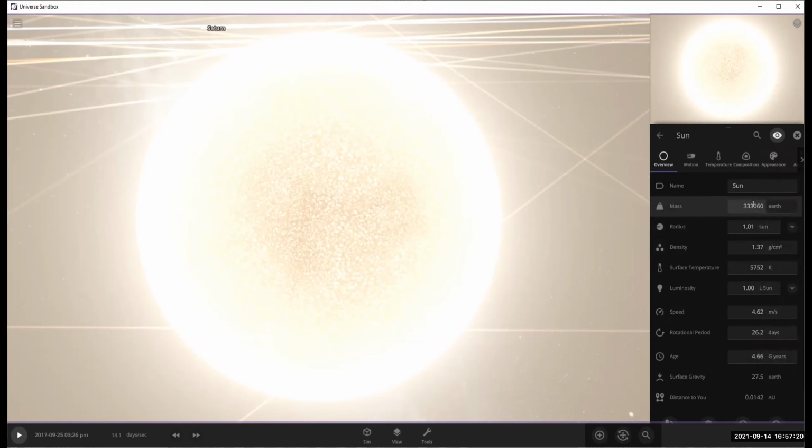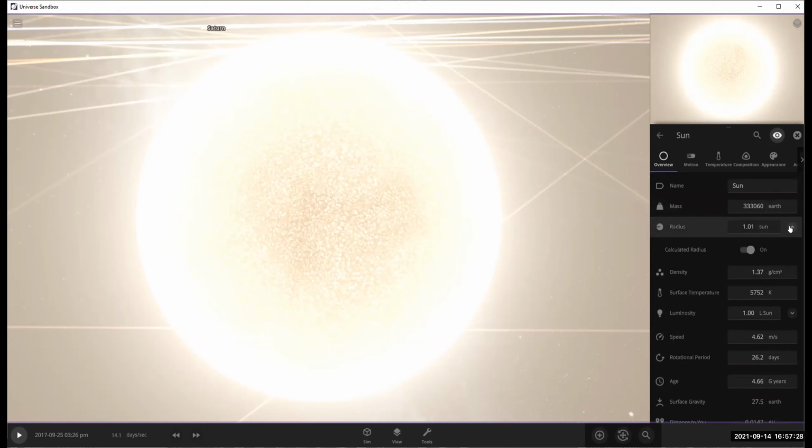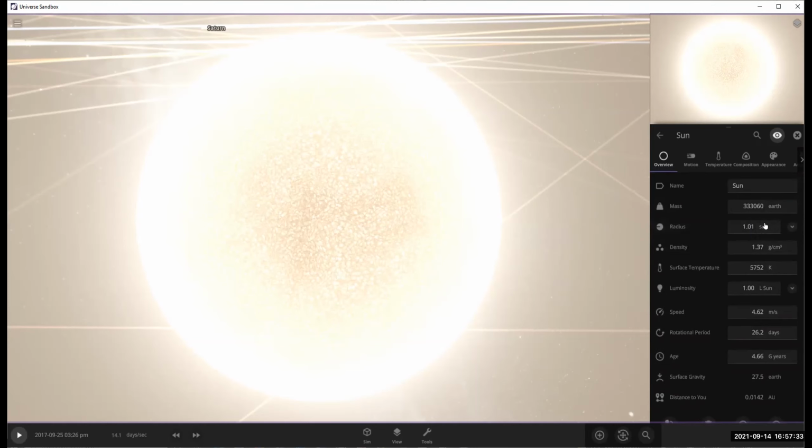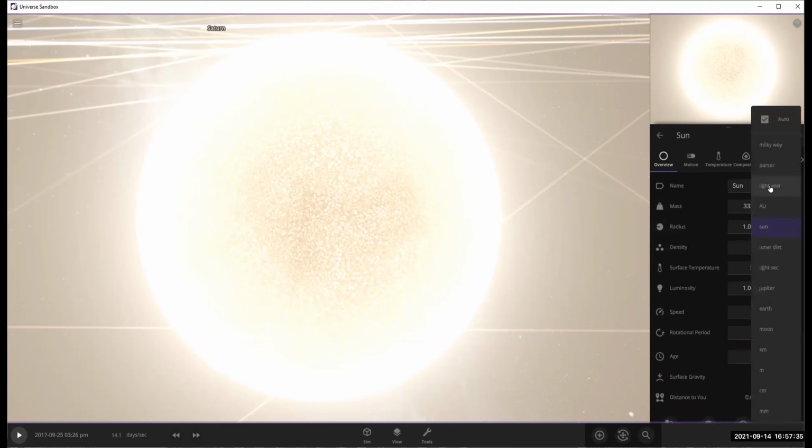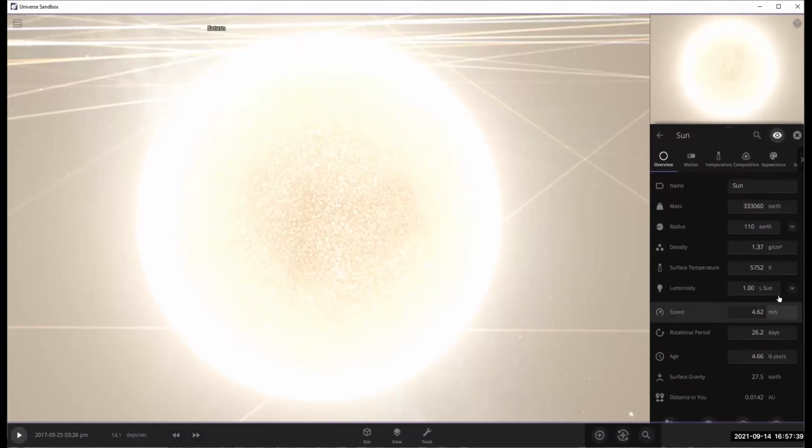No, it's actually the volume. I'm sorry. The volume is about 1 million, but the mass is about 300,000. Okay. Where is the radius? Radius is, if I express it in terms of the Earth radii. So this software is actually very nice software to have. Okay.